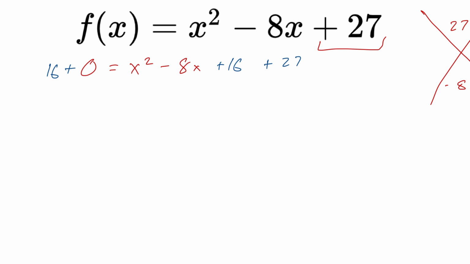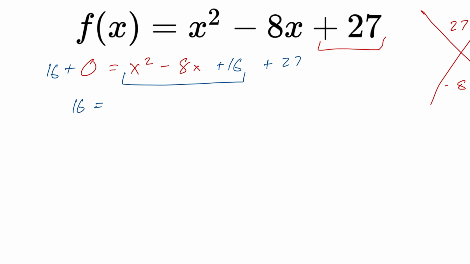Okay. Now again, I'm not going to combine those like terms. I'm not going to combine these because if I do, I no longer have a perfect square trinomial, which is what we want. So I'm going to deal with this first, okay? You're going to have 16 is equal to, now I can see off the bat, because we're thinking of a perfect square trinomial, I know they have to be the same number.